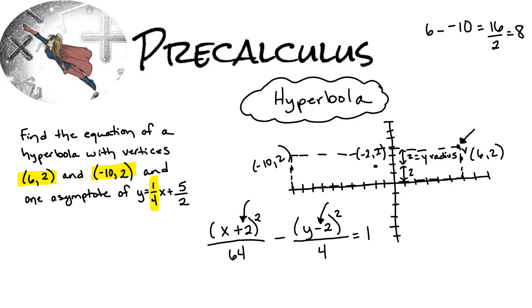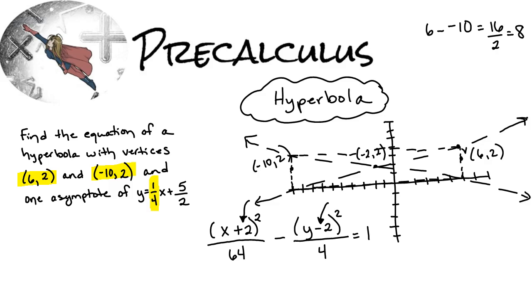But if I finish drawing this, we're going to make room right here for the asymptotes and the curves. So if I finish drawing it, it's going to have really shallow asymptotes coming like this through the center and through the edges of the box, and then coming from this way. And then since the vertices were on the side of the box, that's the direction that the curves are going to open in.